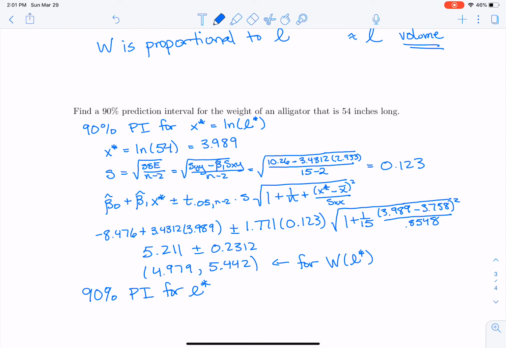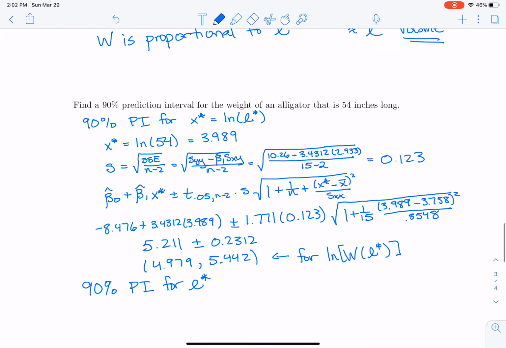So what is the 90% prediction interval if I'm given a certain length? Again, just making a little fix here. It's not W, it's the natural log of W. That's better. Okay. So now I want to find the 90% prediction interval if I'm given L star, in this case 54 inches long.